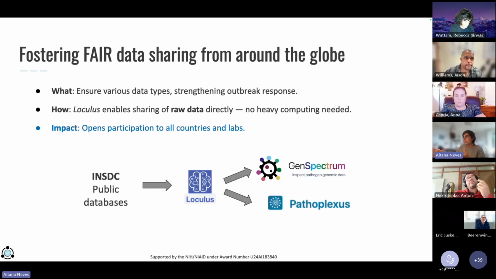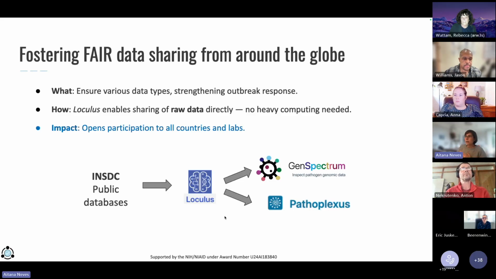Another important aspect here is to foster FAIR data sharing from around the globe. I mentioned before Loculus, which is a reference code that can be used to deploy a pathogen data hub. Today, Loculus is the backend behind Gene Spectrum that I have mentioned, but also the backend behind Pathoplexus that many of you might know as well.